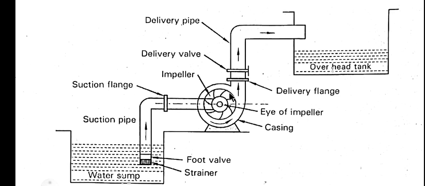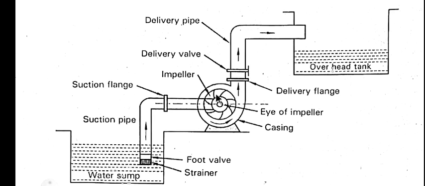As the centrifugal force is created, the water moves radially out and towards the outlet of the casing. Since the impeller is rotating at high velocity, it also rotates the water around it in a casing.